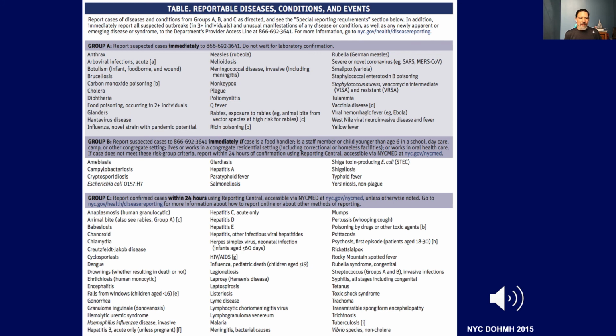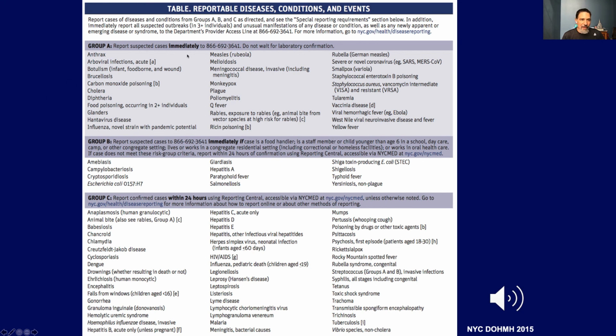So here's just a table of reportable conditions and events for New York City, just to give you a sense of how many things and what they actually are. We're going to go into this stuff in some more detail, but there's things that are in Group A, which are very time sensitive and things that the health department wants to hear about right away.